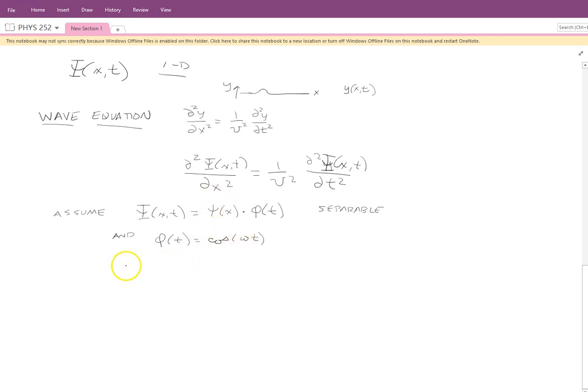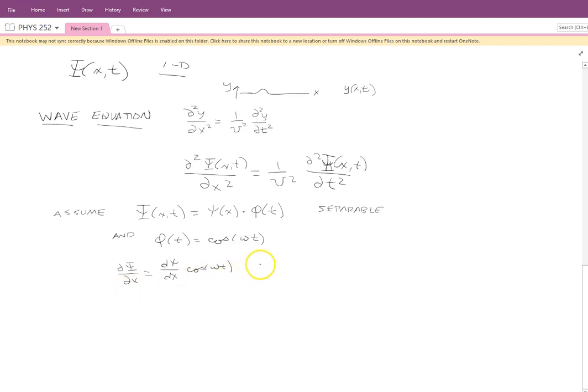Okay, so now, guys, we get to do some derivatives. You get to help me out. So the first derivative with respect to x, well, if we write capital psi as this product, that's just going to be the derivative of little psi with respect to x times phi of t, which we're assuming is a cosine of omega t.